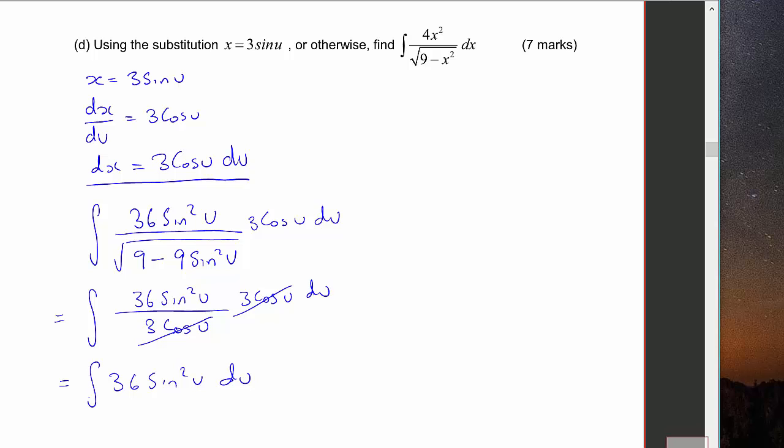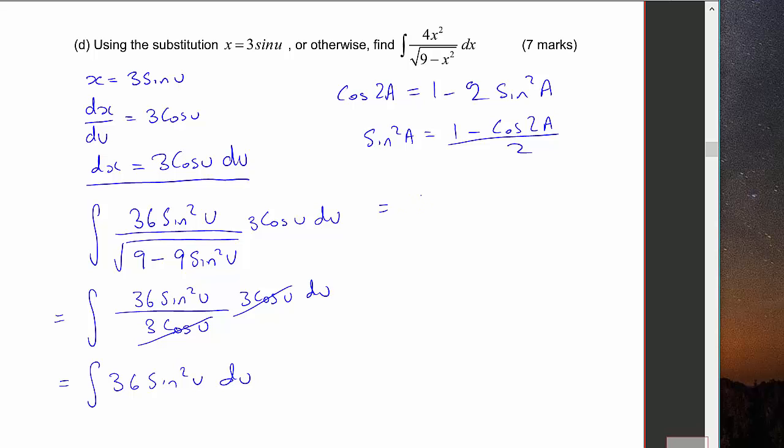And of course, that actually requires a trigonometric substitution. We know that cos 2a is 1 minus 2 sine squared a, which gives us that sine squared a is 1 minus cos 2a all over 2.